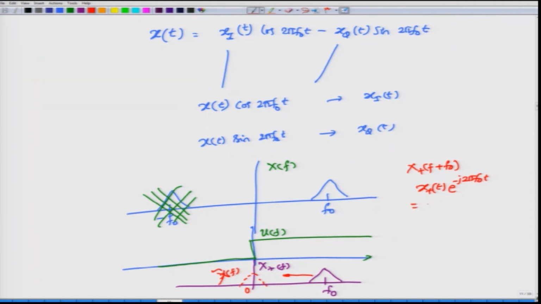Therefore, in the time domain, this would be the complex envelope x tilde of t. So, x tilde of t is x plus of t e power minus j 2 pi f0 t, and exactly what is x plus of t? X plus of t is the inverse Fourier transform of x of f multiplied by u of f. I will leave this as an exercise for you to figure out.